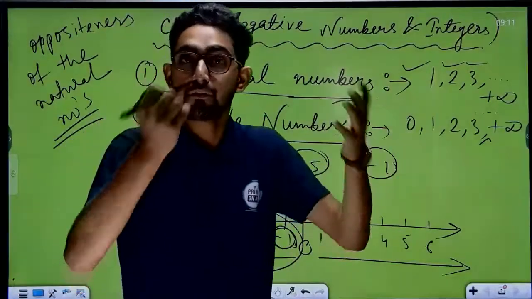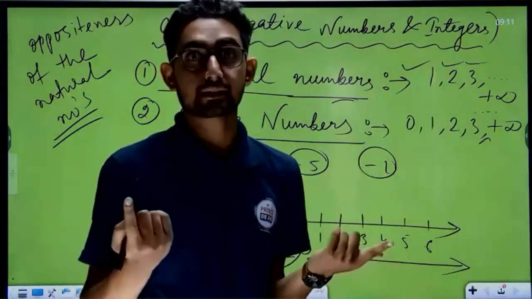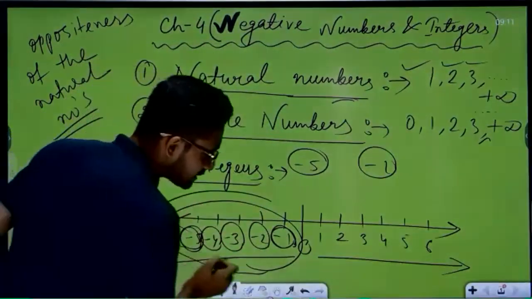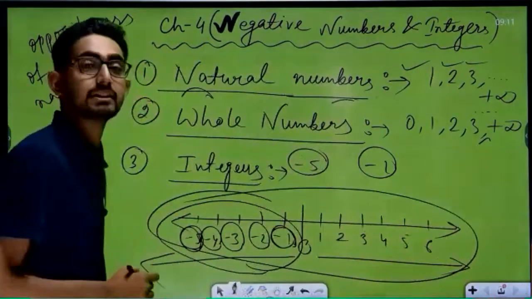Now what is the meaning of integers? आपके माइंड में ये भी क्वेरी आ सकती है, sir, what is the meaning of integers? Students, very simple, actually all these numbers are known as integers.